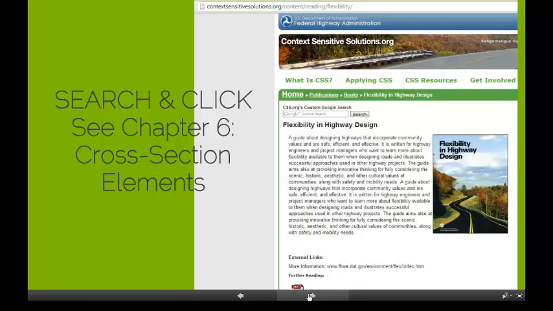Launch the PDF and read about context sensitivity. Browse to Chapter 6, which is on cross-sections. Learn about the difference between the traveled way and the roadway, the various functions of medians, different shoulder treatments, clear zones, curbs, sidewalks, bike facilities, and more.